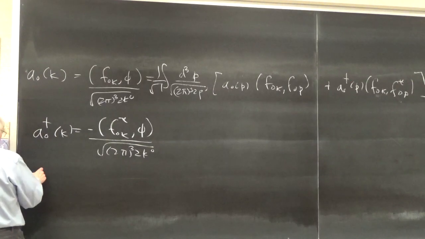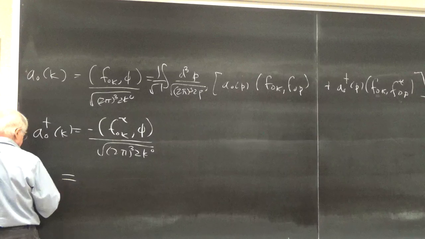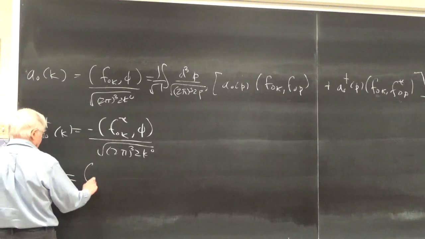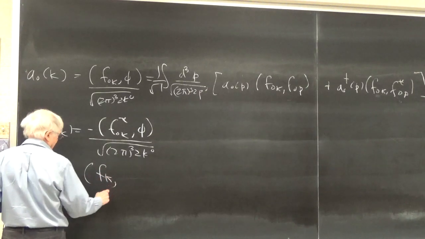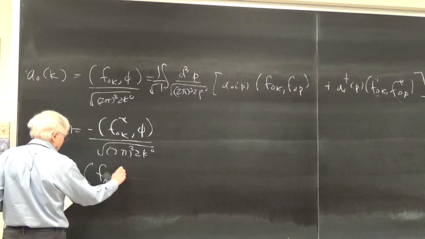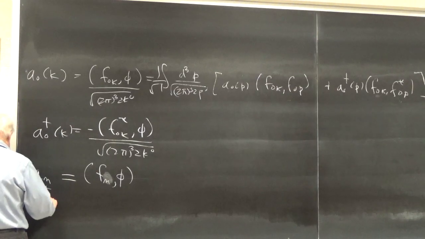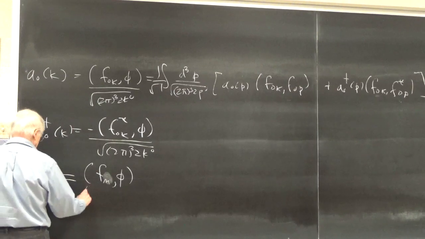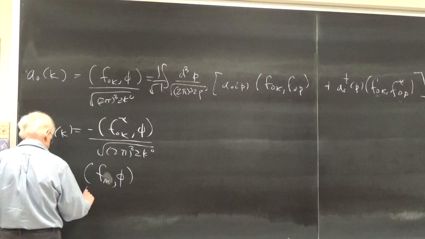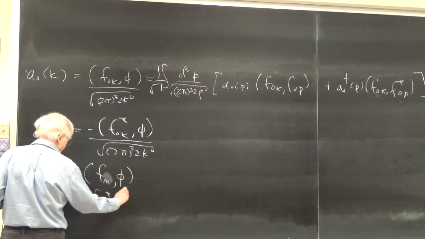In any case, what you then get is that the curved space annihilation operator a sub n is the inner product of the curved space mode function, let us say Fn, with the field phi. And similarly, a dagger sub n is minus Fn star with phi.